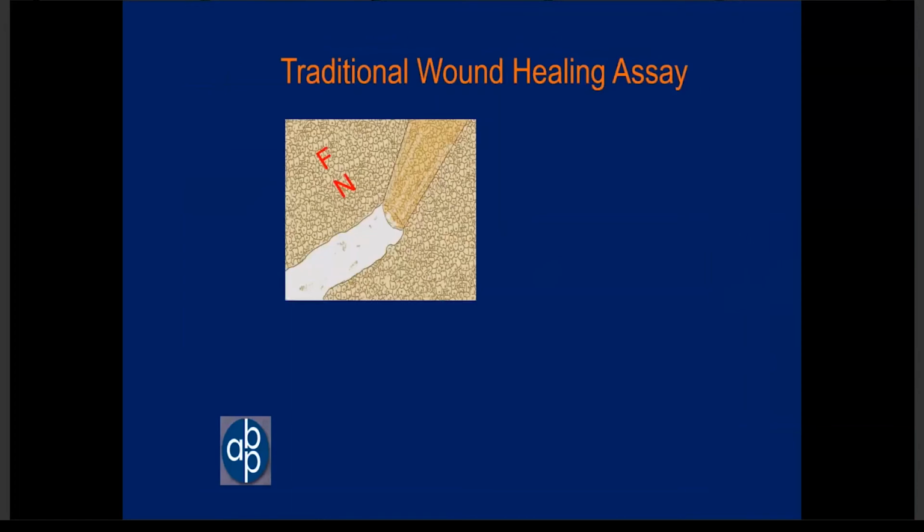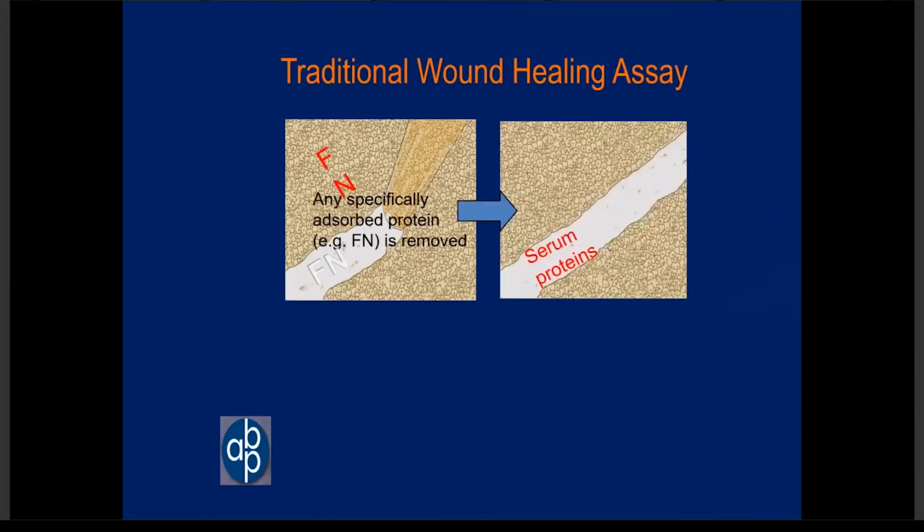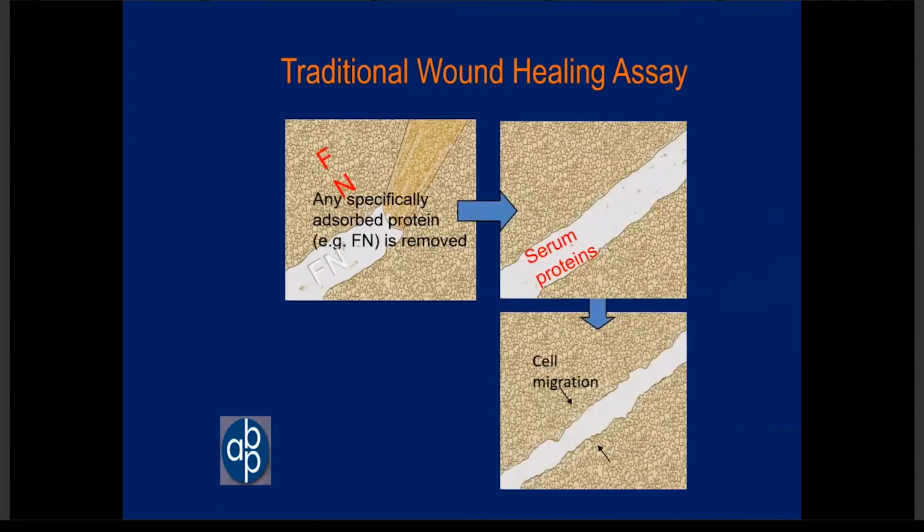Once you scrape through the cell layer, any protein that's been absorbed on the electrode is also being removed. It's just a monolayer of protein. More proteins will go in and absorb naturally to that open area, but as the cells migrate in, then they're migrating on serum proteins, not on the fibronectin you pre-absorbed on the substrate.